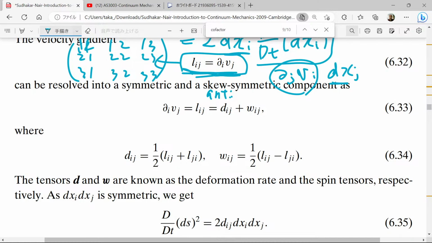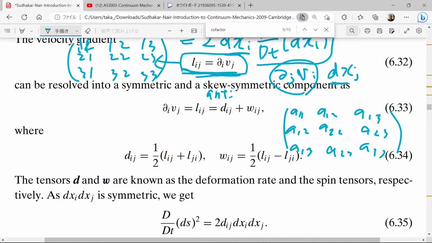So you can say symmetric means like A11, A22, A33, A12, A12, A13, A13, A23, A23. This is symmetric.